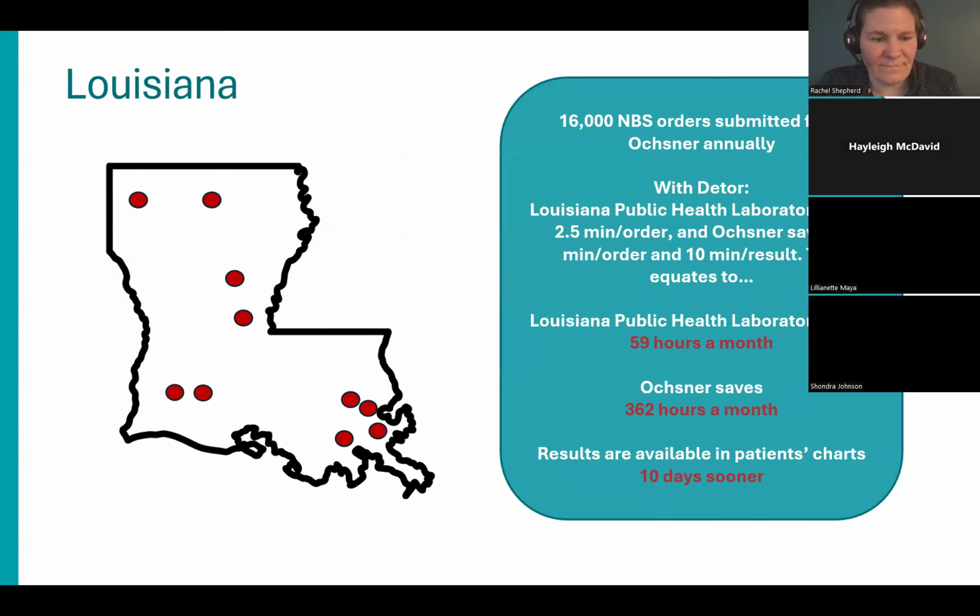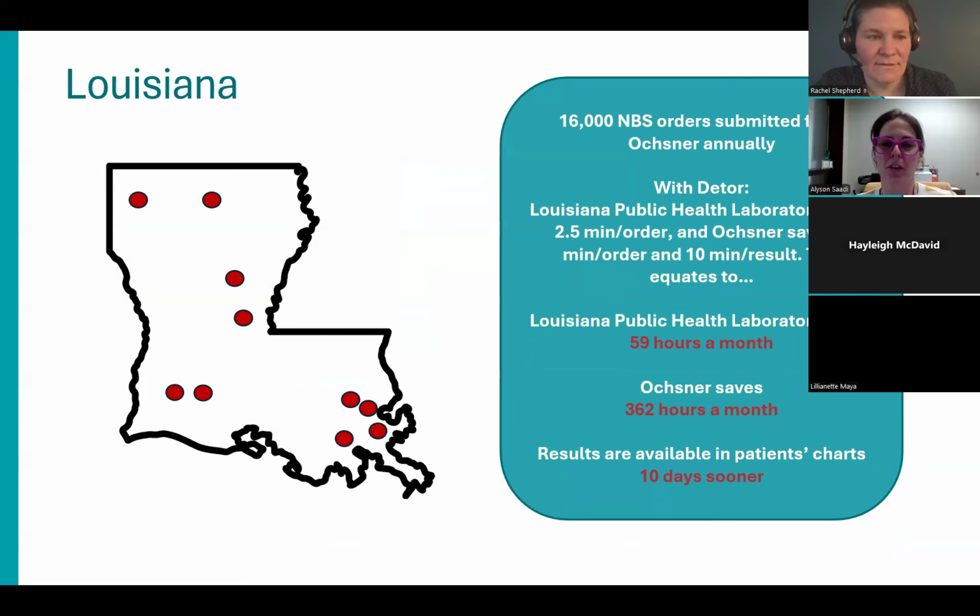Yeah, absolutely, Rachel. Thank you so much for having us, and thank you so much for working with us to implement this. We implemented in November of 2025, and we have definitely seen all the positive attributes that we thought we were going to see going in.